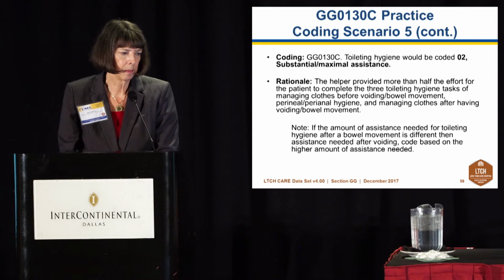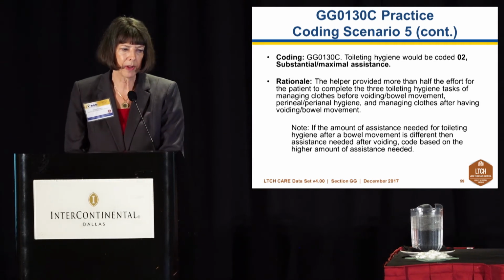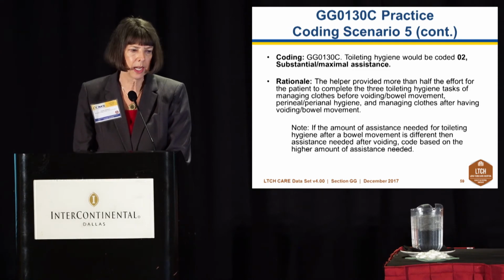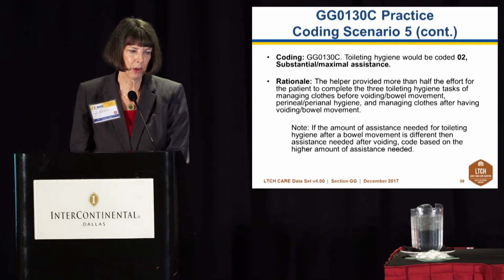And for this item, toileting hygiene, it would be coded 02 substantial and maximal assist. And why is that? The helper provided more than half the effort for the patient to complete those 3 toileting hygiene tasks of managing clothing before voiding or bowel movement, the perineal and perianal hygiene, and managing clothing after voiding or bowel movement.